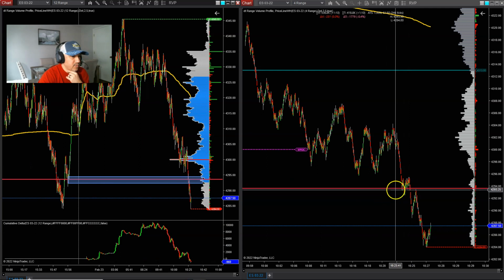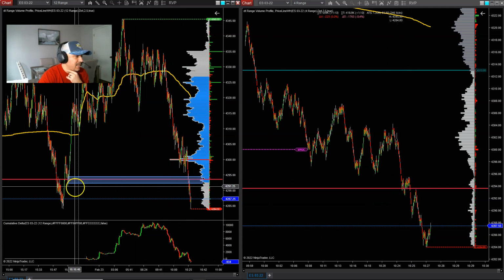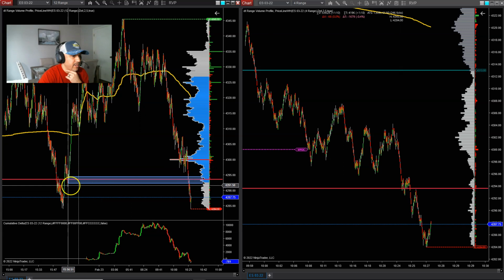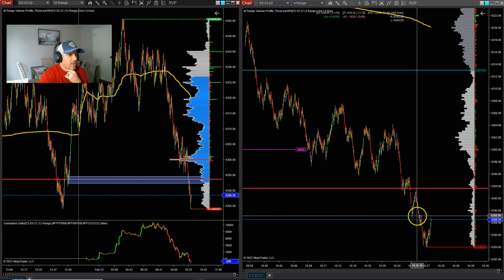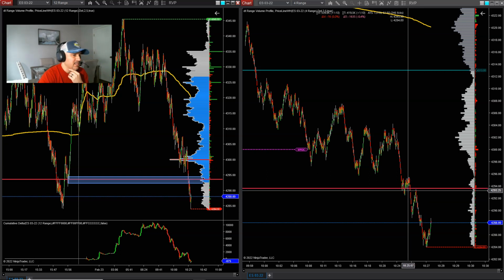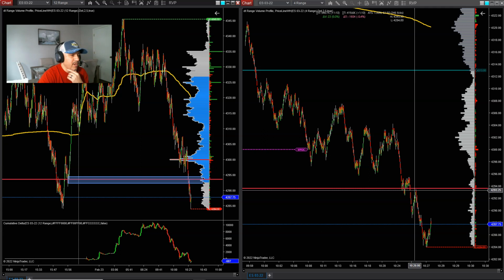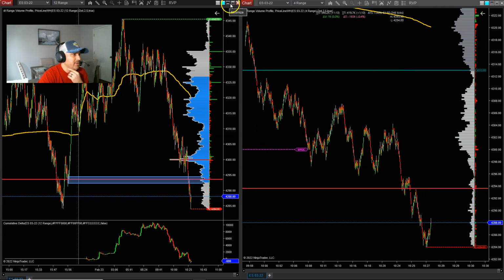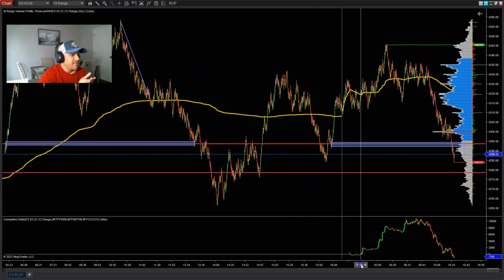This swing right here is a swing as it pushes down to the side and starts taking structure out, this low here, okay? So when price breaks lower and pulls back, it hit up against that swing right there. That's resistance, and price halted right there, and then the market kept pushing lower. So you've got to pay attention to every little swing, pretty much.